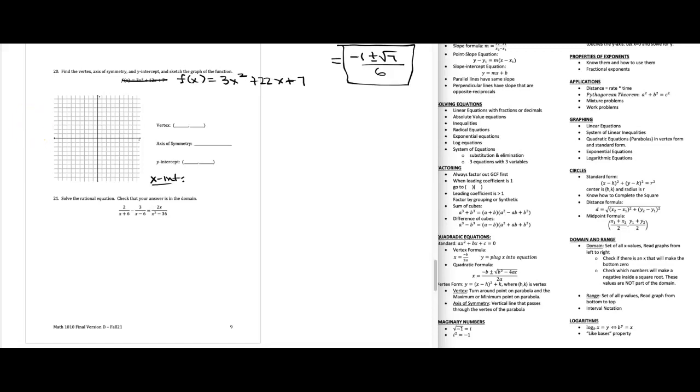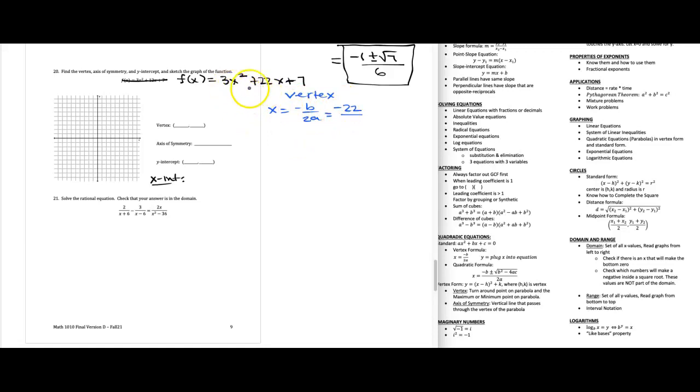To find the vertex, you need to know the vertex formula: x equals negative b over 2a. So I'm going to write it here: vertex x equals negative b over 2a. Our b is 22, so negative 22 over 2 times 3, which is 6. It's a weird fraction, but that's okay.